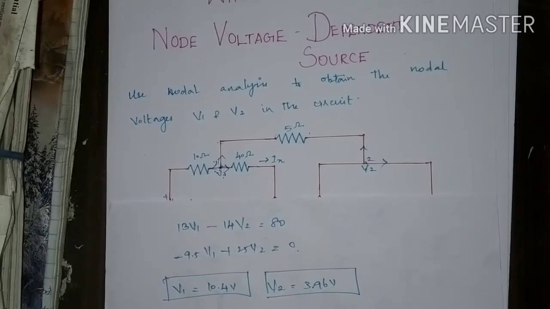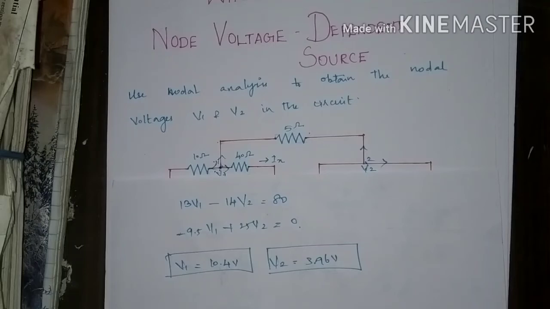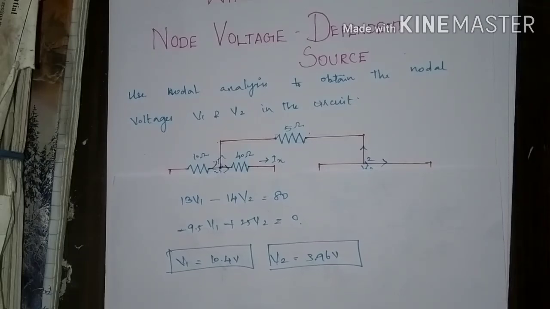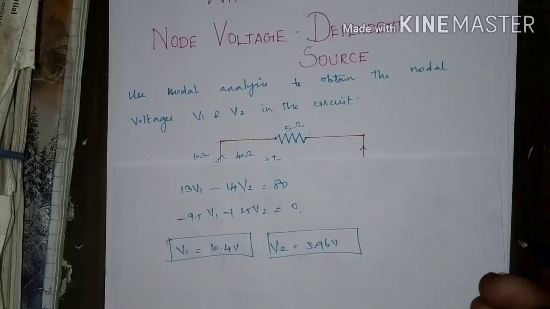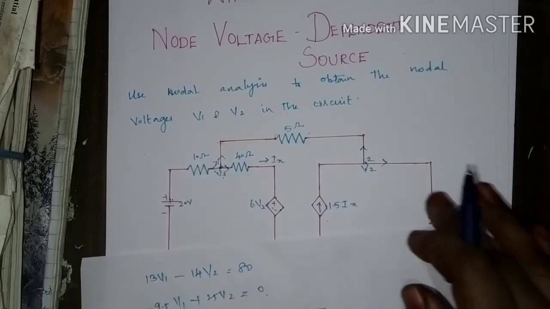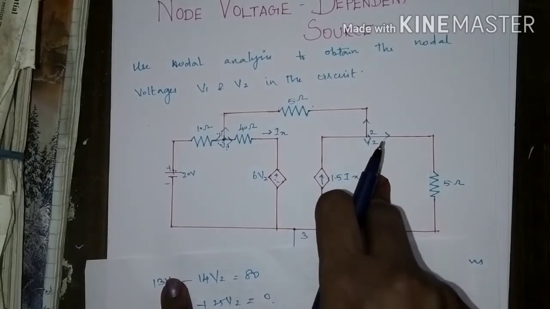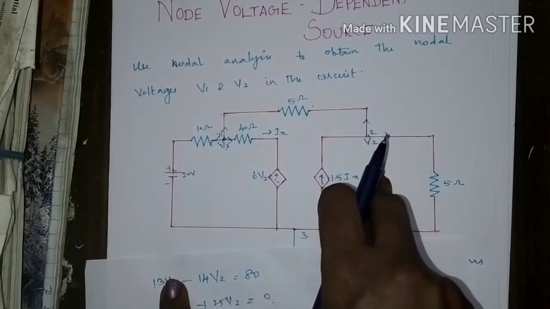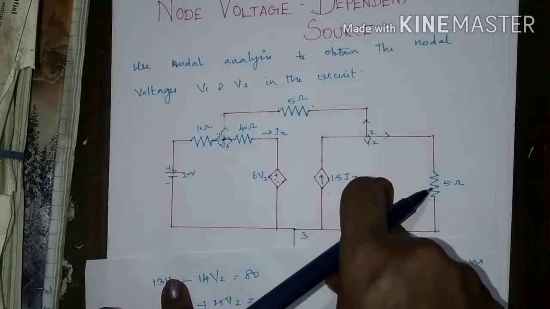On comparing the mesh current and node voltage methods, the time consuming process is the mesh current method. We have to find the equations for all the meshes and solve them in a lengthy procedure. In this problem, if we solve it by mesh, we will find 3 mesh equations, and it takes time to solve 3 equations using Cramer's rule or the normal algebraic method.